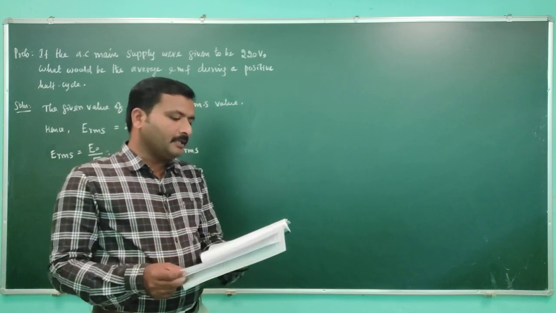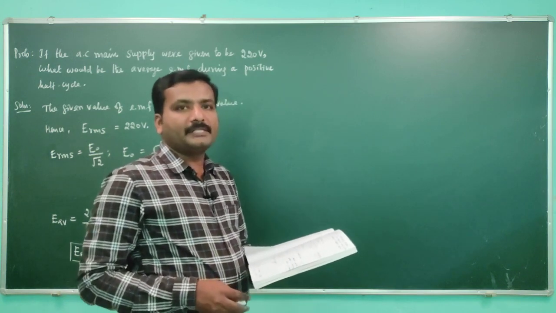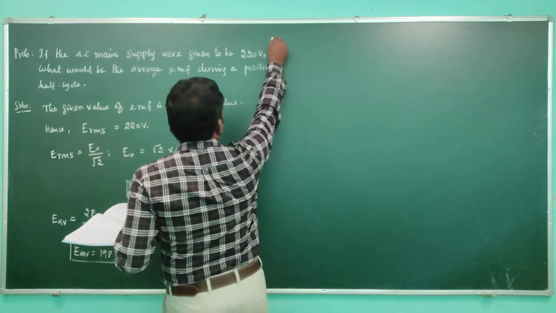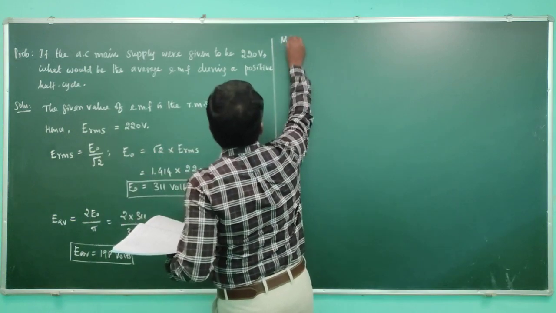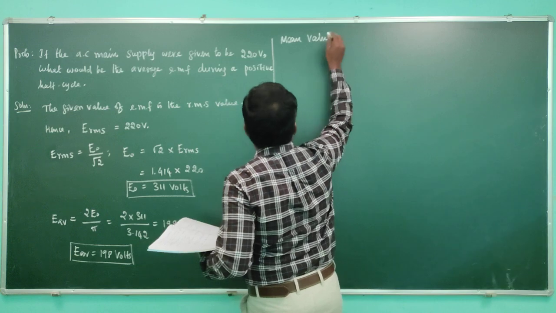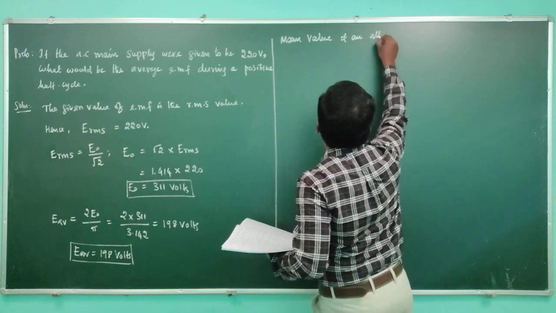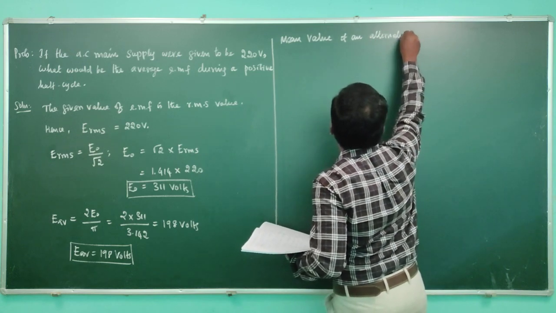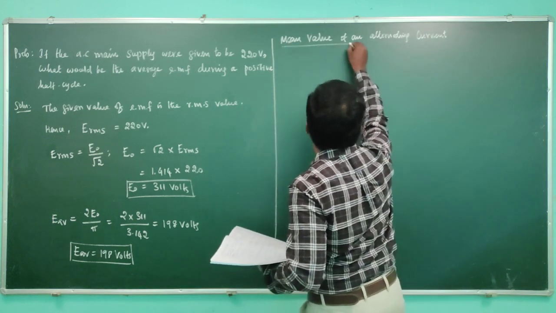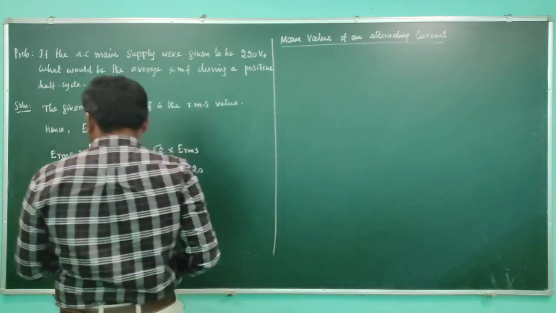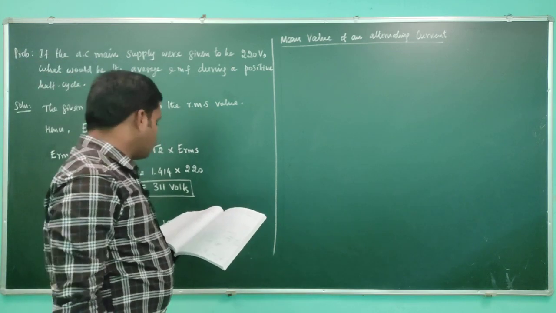Now we are going to calculate the mean or average value of alternating current. This is also for a positive half cycle.